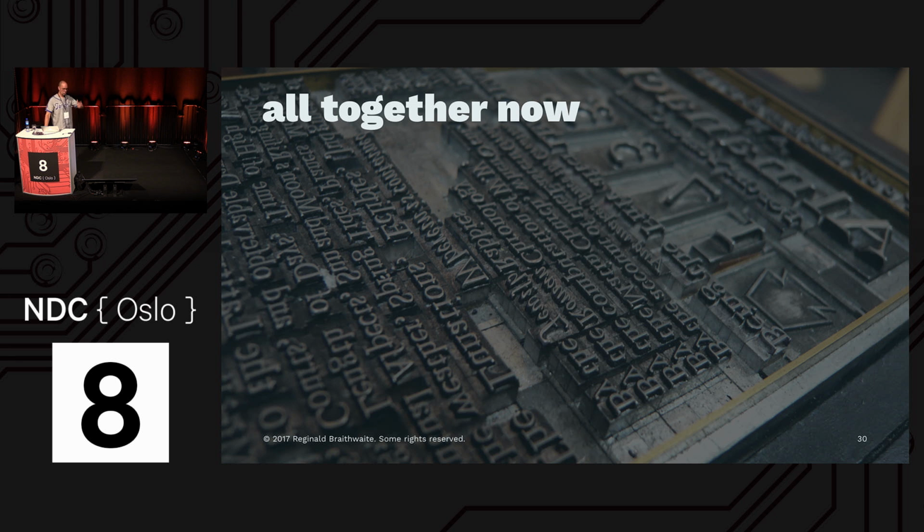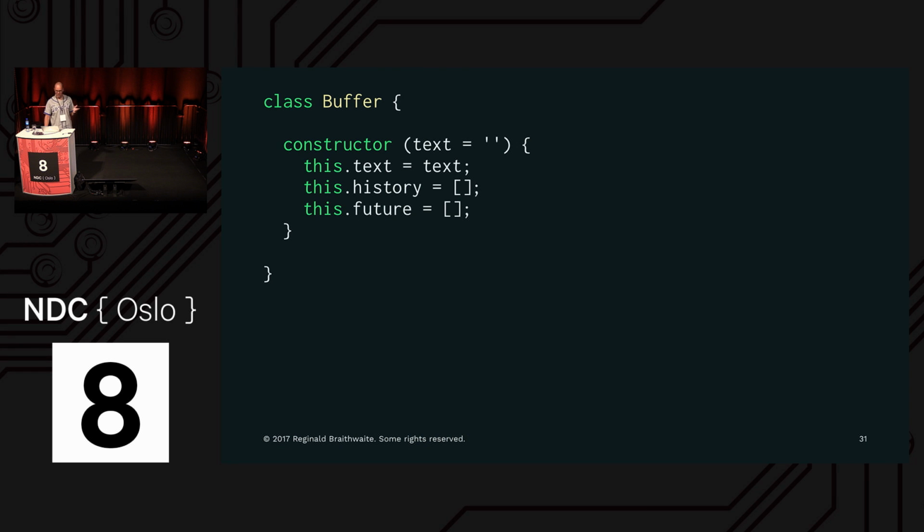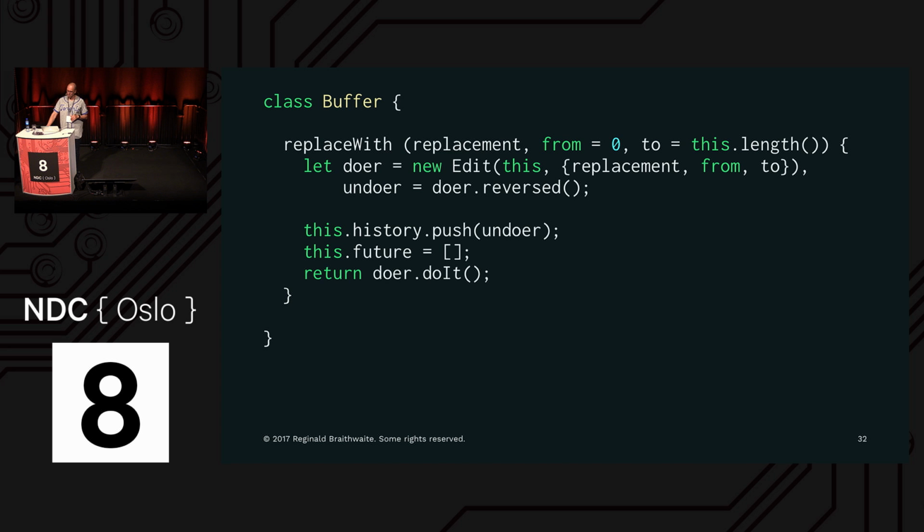So let's recap what we're able to do with our ability to reverse commands. We have a buffer. We have a replace with method. And I've added something. You recall when we talked about job queues and so on, the ability to have a history? Well, our buffer now has a history. And a future, as it turns out.